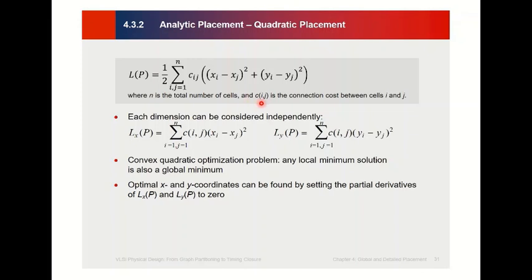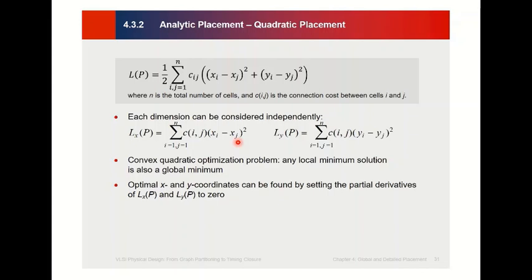So forget about that complexity. We assume there is no preference between cell 1, cell 2, cell 1, cell 3, cell 1, cell 4. So we can assume that all Cij is equal to 1. Then we eliminate Cij. So for x dimension, for 4 cells, we have this equation, summation of x1 minus x2 squared, x1 minus x3 squared, x1 minus x4 squared, plus x2 minus x3 squared, x2 minus x4 squared, x3 minus x4 squared.